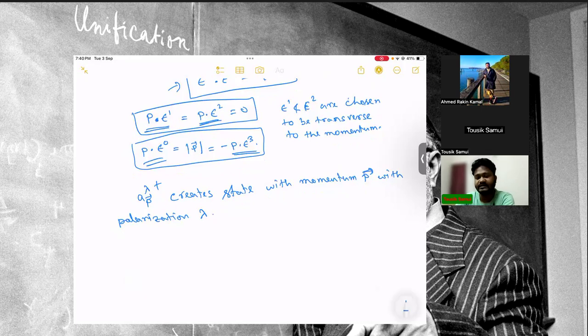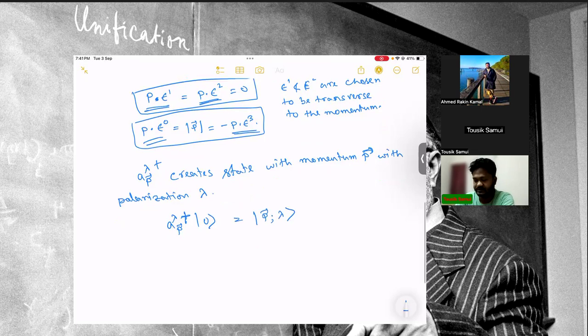Earlier in the scalar field theory, we did not have the polarization, so it only creates the particle, or the state, with its momentum being P. But here we say that it creates a state along with a specific polarization. So A dagger acting on the vacuum, denoted by 0, will give us a particle P, and along with it will give a polarization of that particle as well.